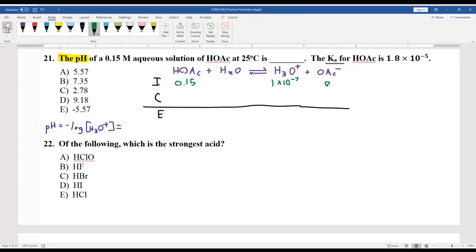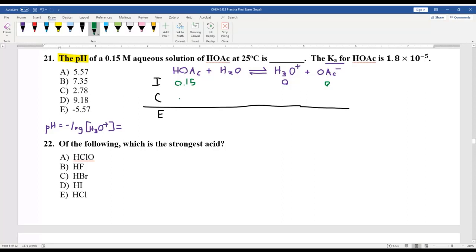However, 1 times 10 to the negative 7 is really tiny. So unless you're dealing with really small concentrations, like if the 0.15 was, let's say, 0.00000015, you're going to just go ahead and assume that the H3O plus concentration is actually 0.